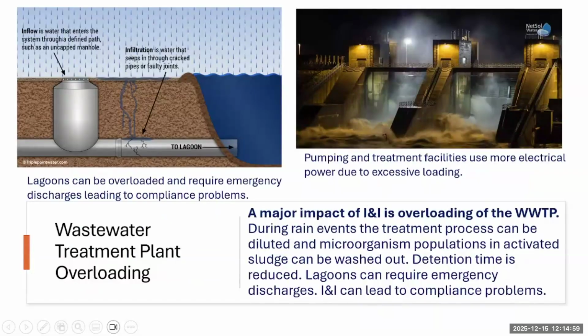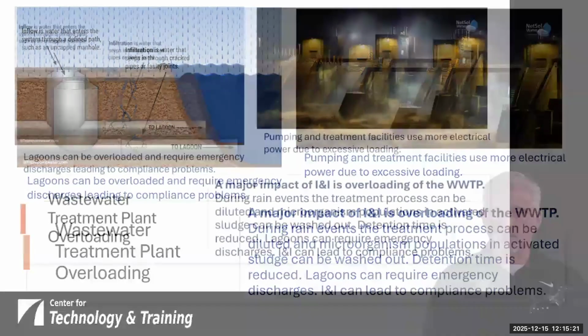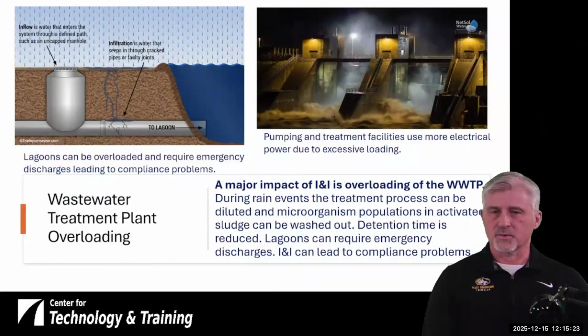So we talked about adding too much water to a wastewater treatment plant or a lagoon. We can see here, in the example on the top left, we have inflow. We've got water that's entering a manhole cover that maybe isn't sealed properly, has openings in it, is in a depression or a low area in the street potentially, or someplace else.